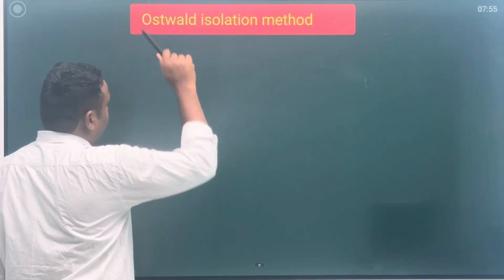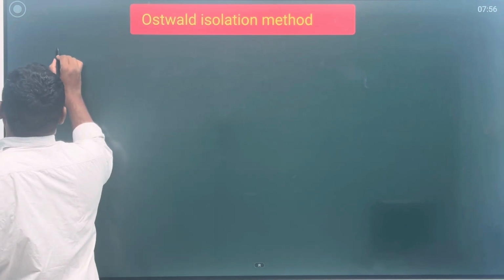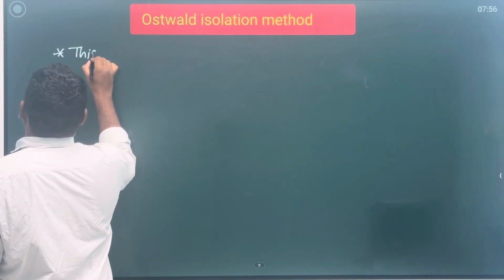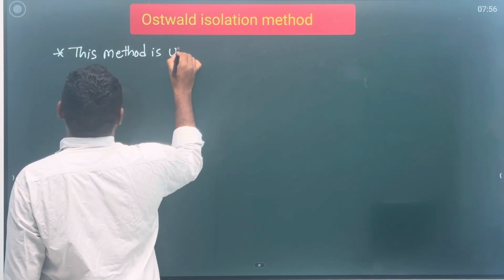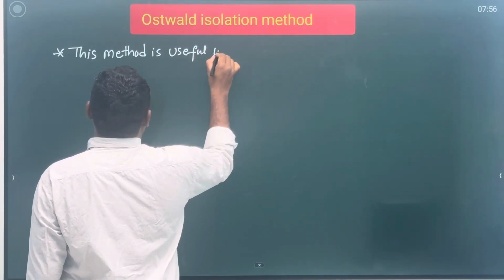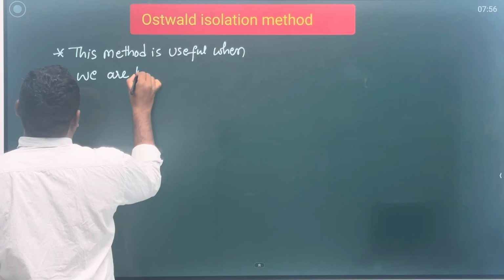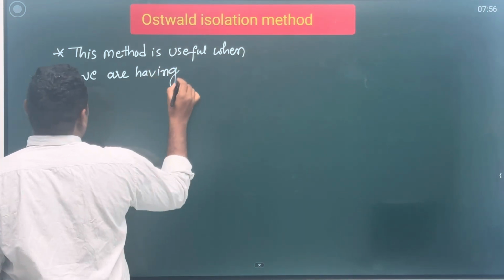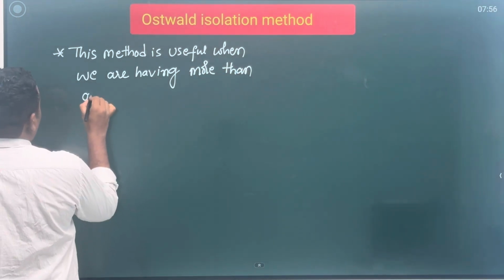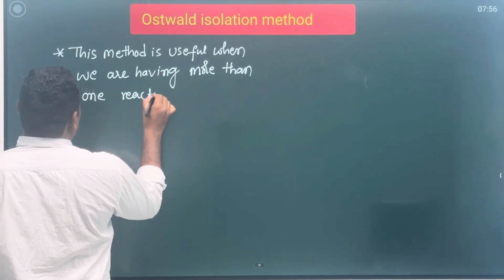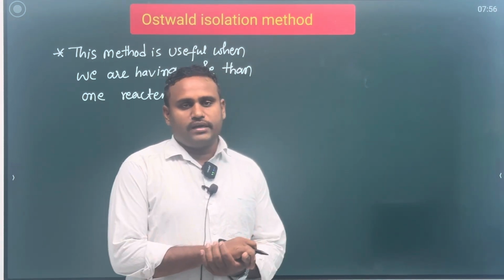But when we have more than one reactant, we use the Ostwald isolation method. This method is very useful to find the order of reaction when we have more than one reactant.